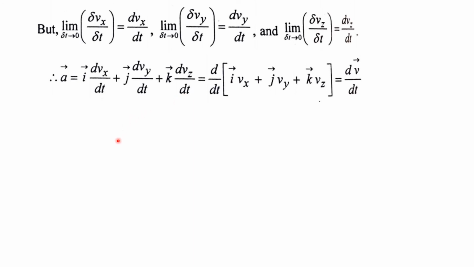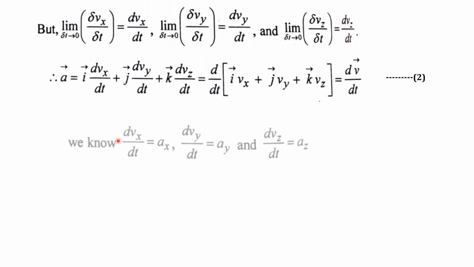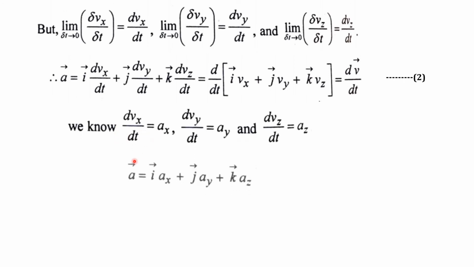Hence, in terms of vector A and its components, we write vector A equal to i ax plus j ay plus k az. Therefore, we find its magnitude.